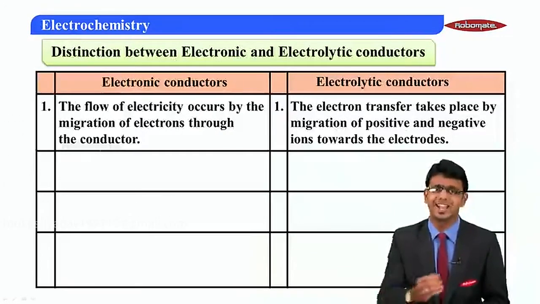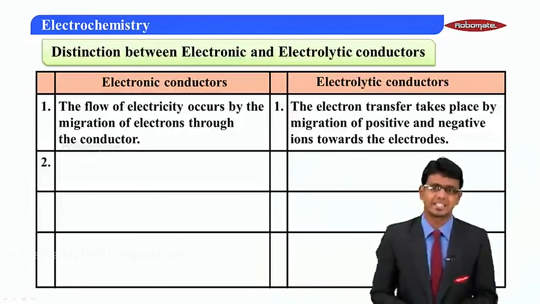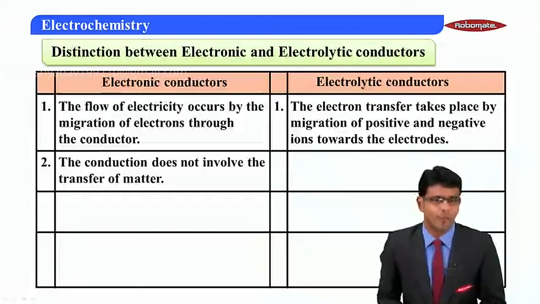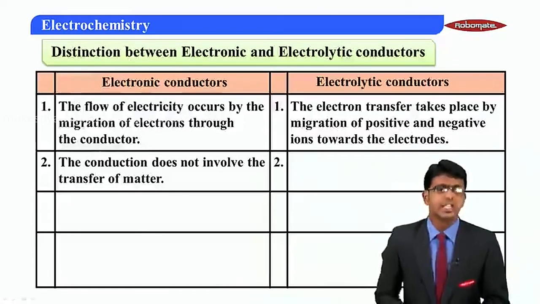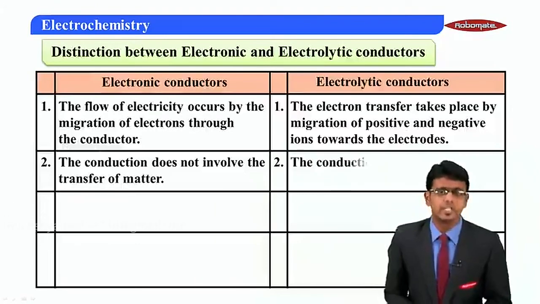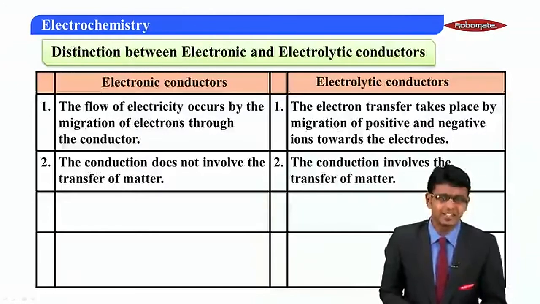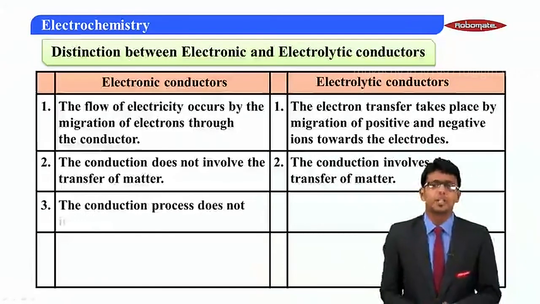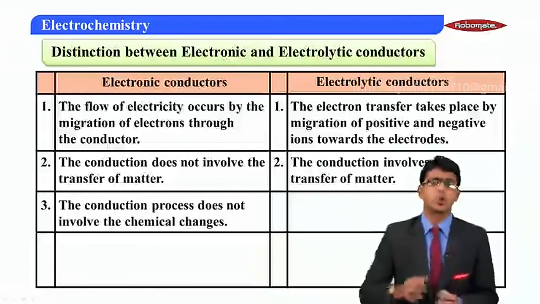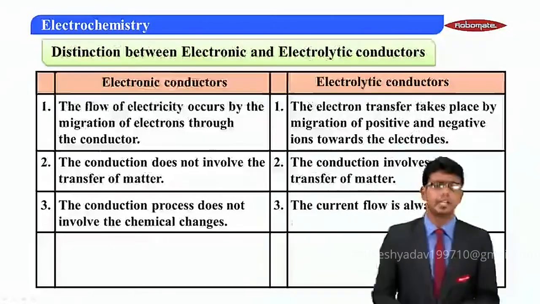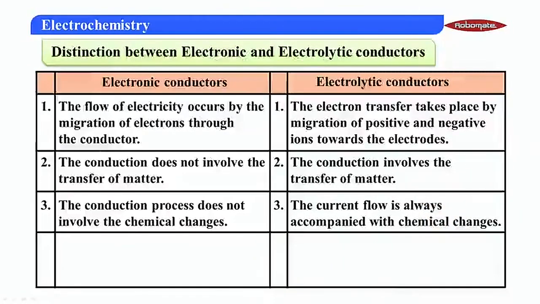Next, in electronic conductors, the conduction does not involve the transfer of matter, whereas in electrolytic conductors, we have seen that the conduction involves the transfer of matter. Next, the conduction process does not involve chemical changes, whereas in electrolytic conductors, the current flow is always accompanied with chemical changes.